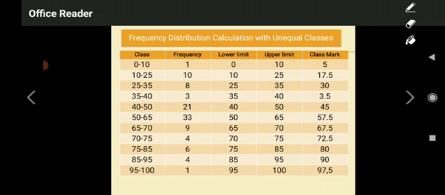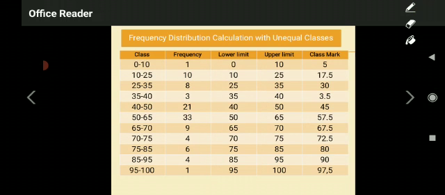Okay, so here frequency is looking different compared to exclusive and inclusive method. You know why? This frequency is different only because of the unequal classes you have taken over here. Because of unequal classes, frequency observations are a little bit different.